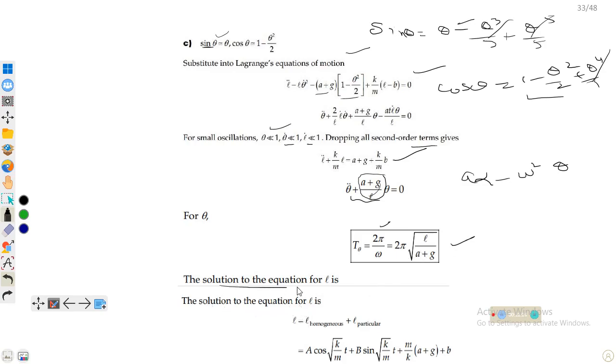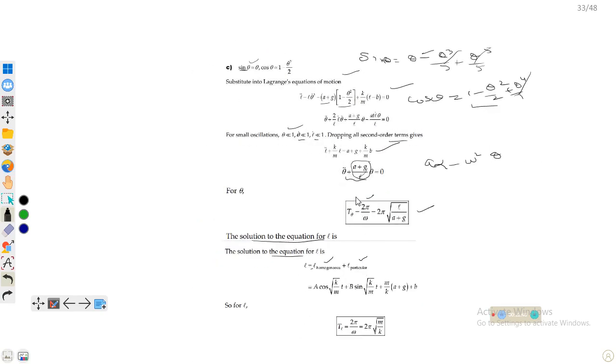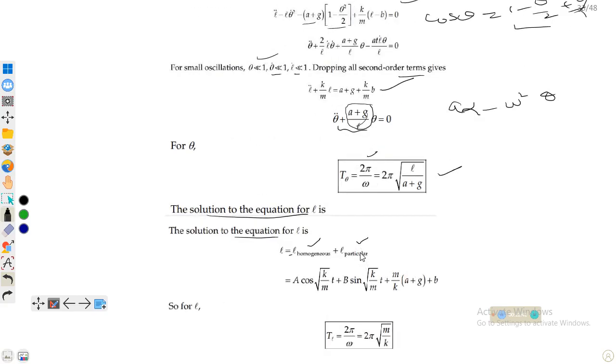So the solution to the equation for L will be L is equal to the homogeneous part plus the non-homogeneous part. Any second order differential equation contains a solution in two parts, the particular part and the homogeneous part. Our second order differential equation is this one. So we can solve this differential equation for the first part and for the second part.